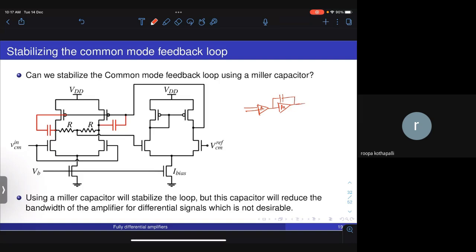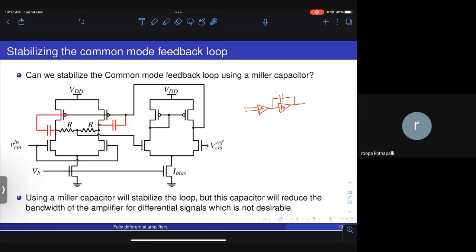In this case, the second stage is split into 2, so you will have to put 2 capacitors from here to here, which is shown in red, and here to here as shown.